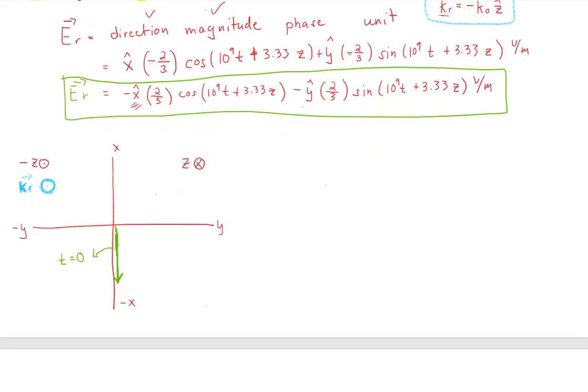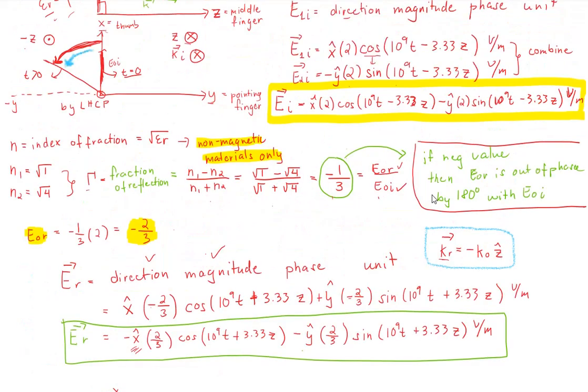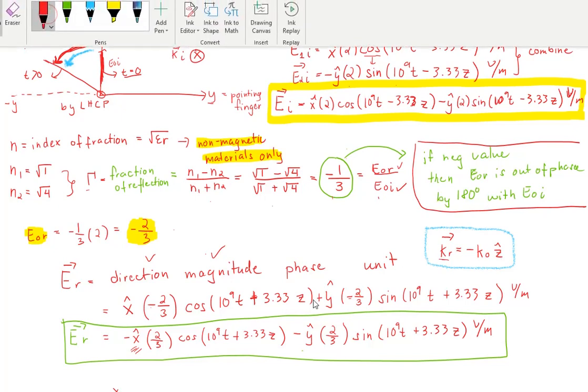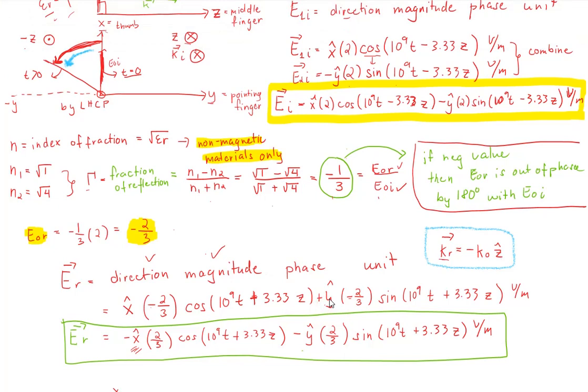I'm sorry, I just realized I made a mistake, so let's just go back here. I wrote this down initially as positive y when it should be negative y, because we just copied the direction, remember, from E's of incidence, which is positive x and negative y.